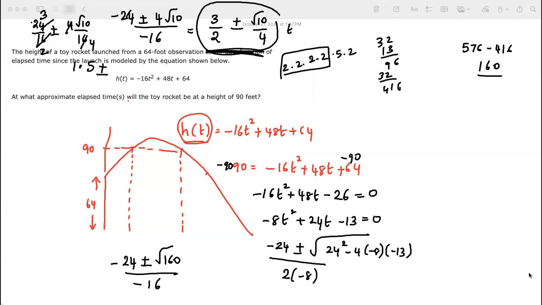Should I just say what answers I got? Shout out, please. That's fine. I got x is equal to 0.7 and then 2.29. So this is 0.7. This is 2.29. That's it. That's what they're asking.